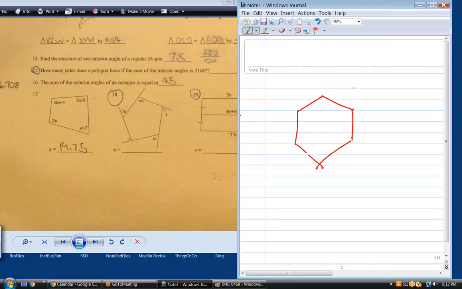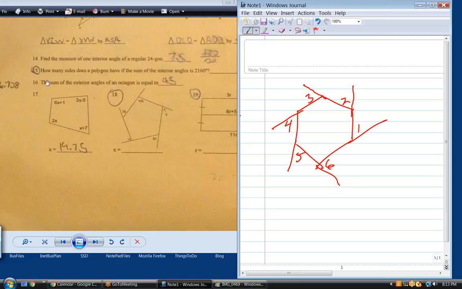In other words, if I get the exterior angles by being consistent with my line extensions, then my exterior angles are 1, 2, 3, 4, 5, 6. If I add up 1 through 6, they will be equal to 360.